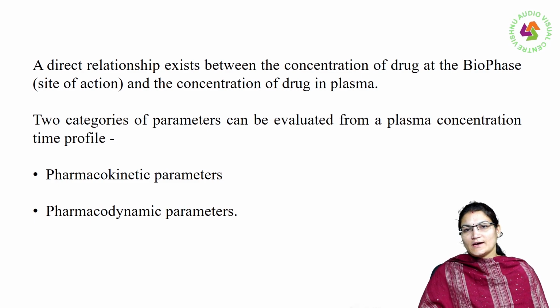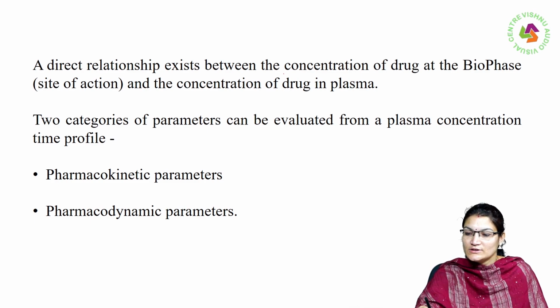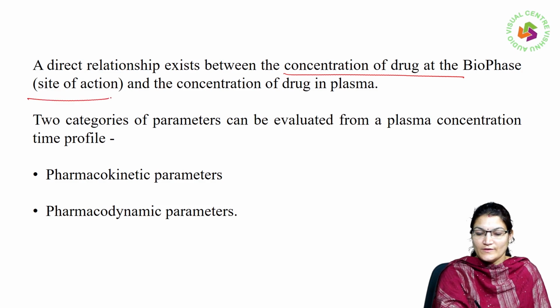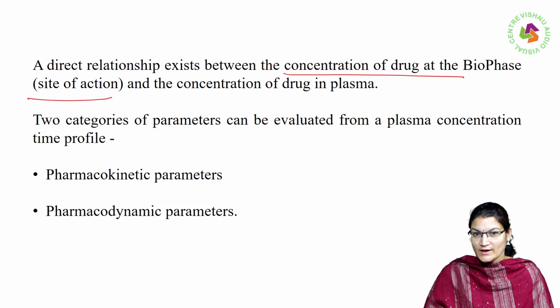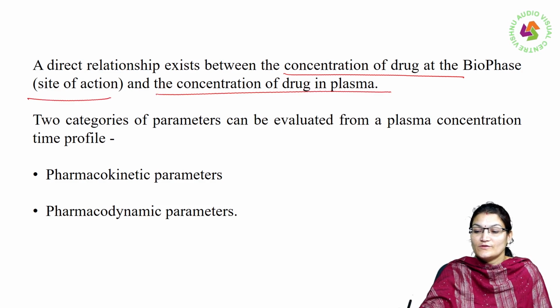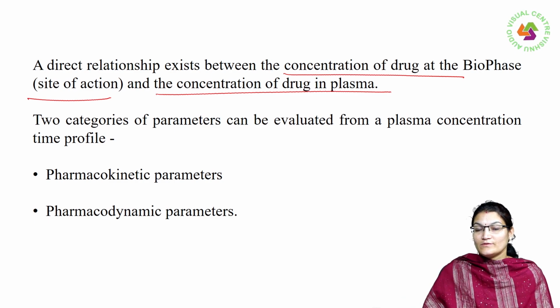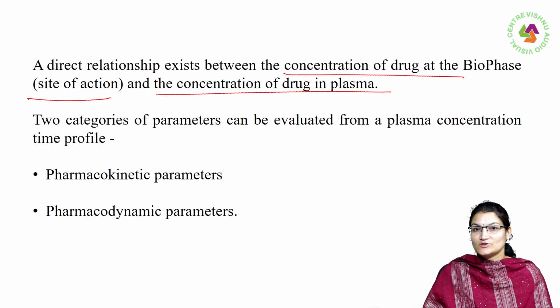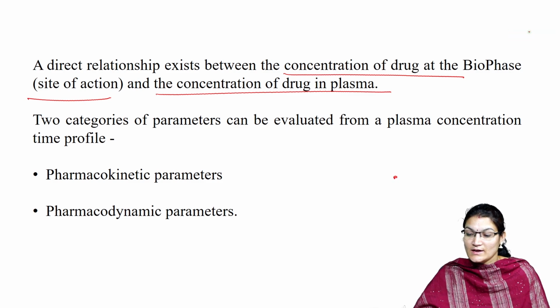So there is a direct relationship between the concentration of drug at the site of action, we also call it as biophase, and the concentration of drug in the plasma. So our pharmacological effect of the drug depends on drug at the site of action as well as drug in the blood.